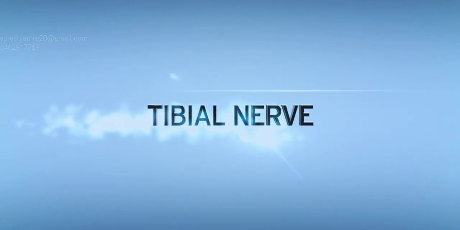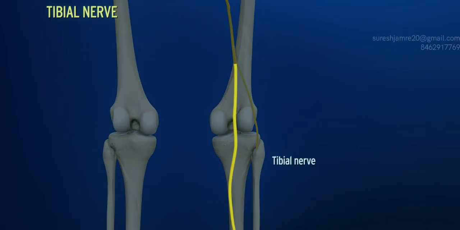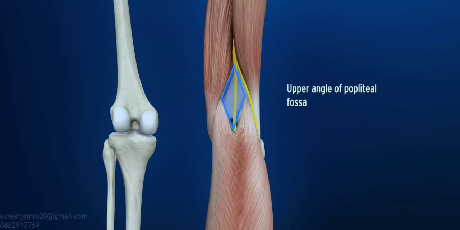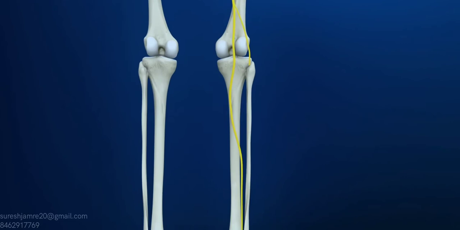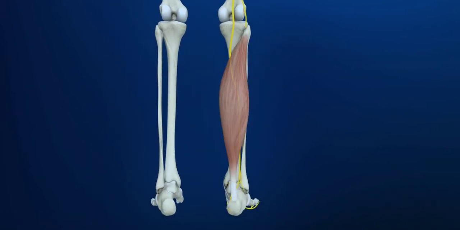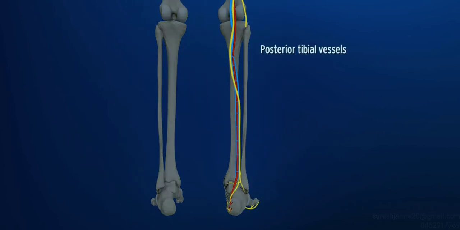Tibial nerve. Tibial nerve is a branch of sciatic nerve which arises at the upper angle of popliteal fossa. Tibial nerve enters the posterior compartment of leg by passing beneath the tendinous arch of origin of soleus along with posterior tibial vessels.